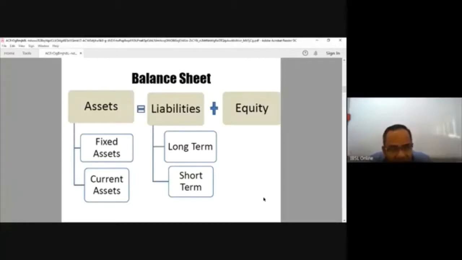When it comes to a banking company, it is like that. Banking companies, assets minus liabilities, if you look at financial institutions, you will find a small equity. But other businesses will be expected to have a considerable equity part, right?